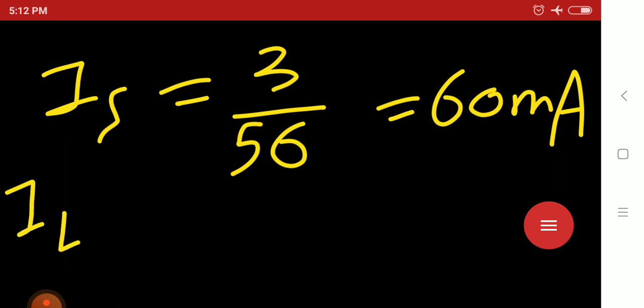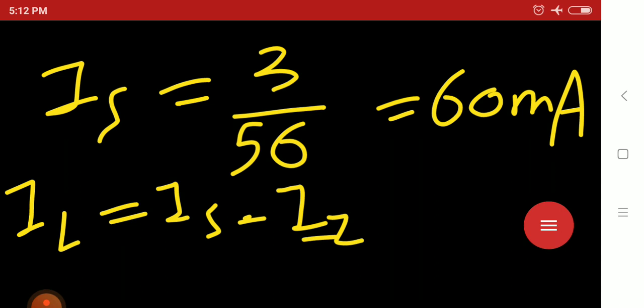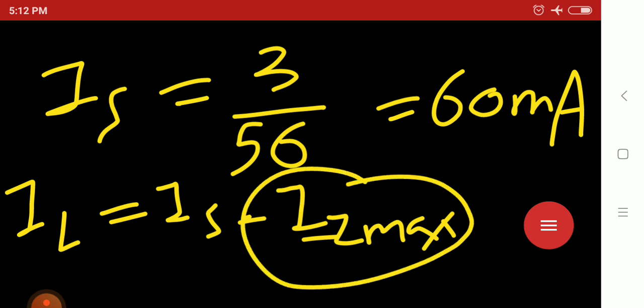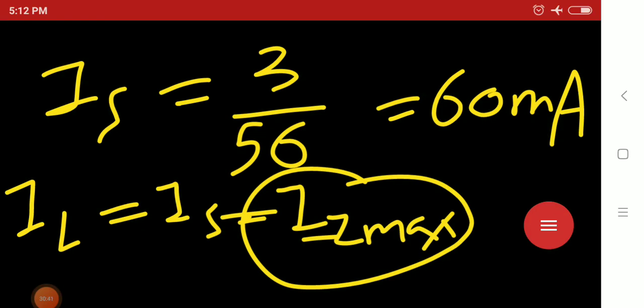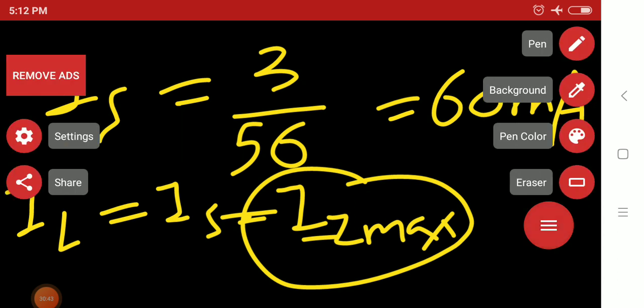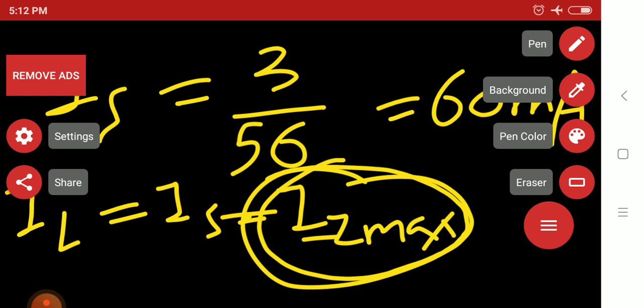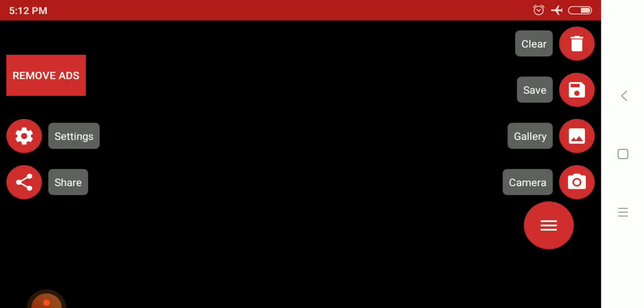Now IL equals Is minus Iz. We know Iz max, which is 50 milliampere. When we subtract Iz max, the maximum Zener current, from the input current Is, we get IL minimum.